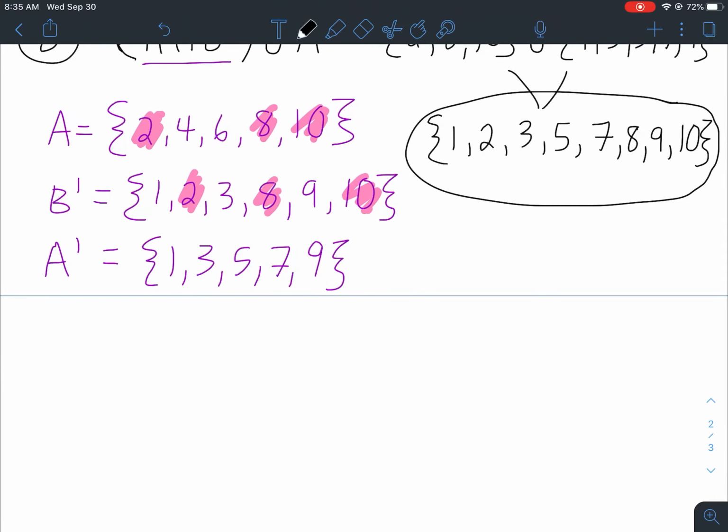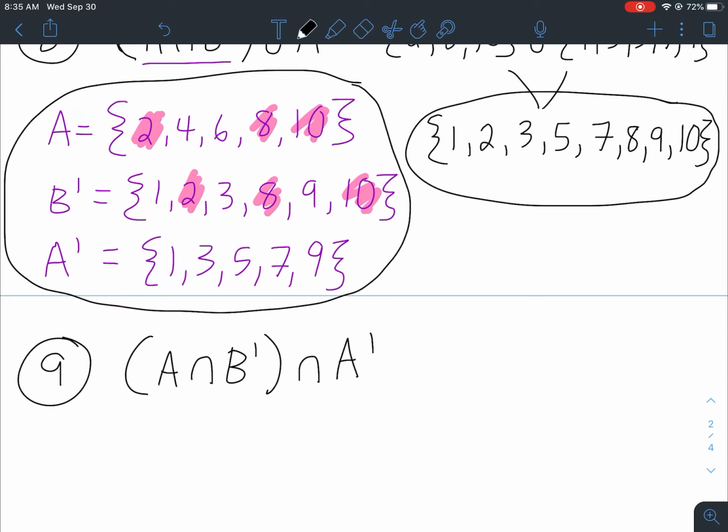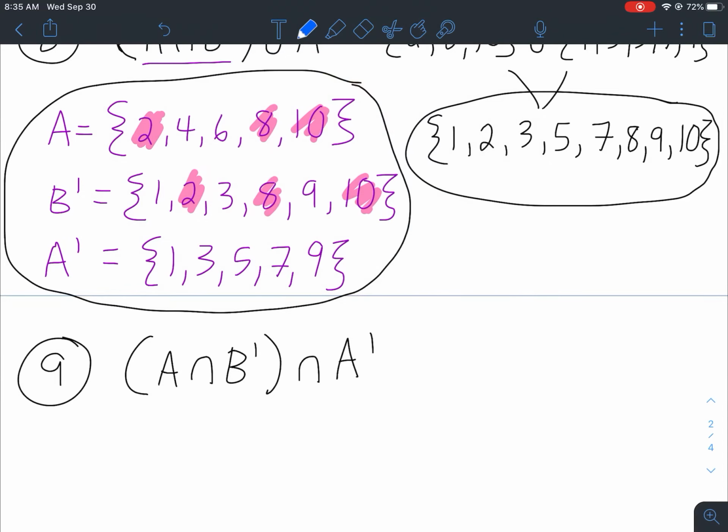Okay, and then last problem here, number 9. We have, in parentheses, A intersection with B complement. And that's in an intersection with A complement. It's nice that we have all these right here so we can just use those again. I'm not going to write those sets down again just because they're right above it.